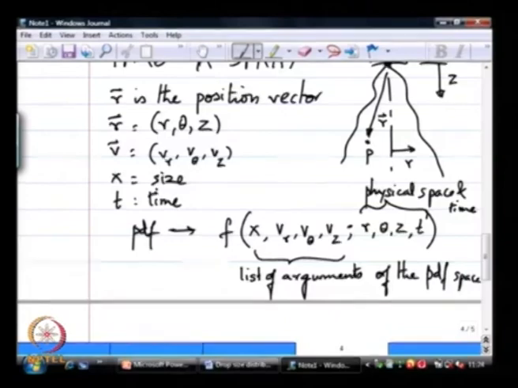This would be the most complete description of a spray. If I can come up with this function f, that is going to tell me the probability density of finding a given size of drop with a given set of velocity components at a given physical point in the space and at a given point in time.